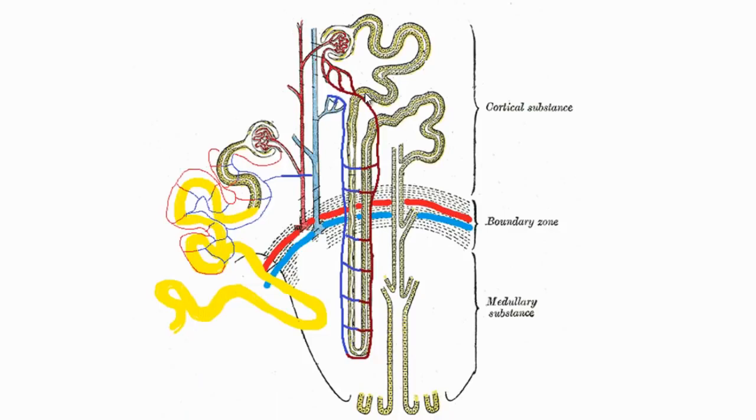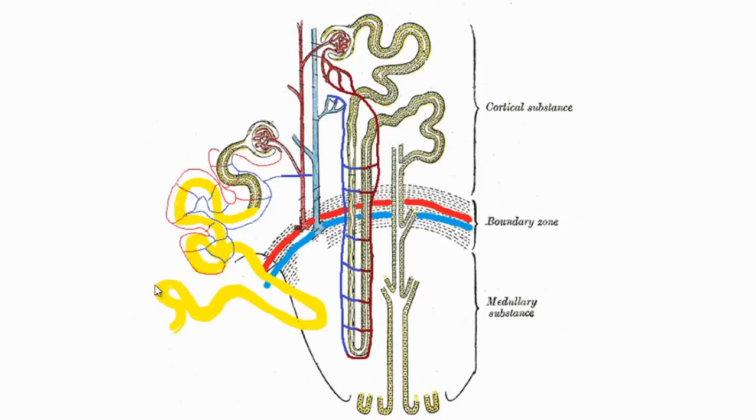So the juxtamedullary nephrons have their renal corpuscle right next to the medulla, so that gives them their name, juxta meaning next to, and medullary referring to the medullary pyramids. So just imagine that this renal corpuscle here lies much closer to the medulla. So that's the juxtamedullary nephron, and their loops of Henle extend right into the substance of the medulla. So the loop of Henle is quite deep.